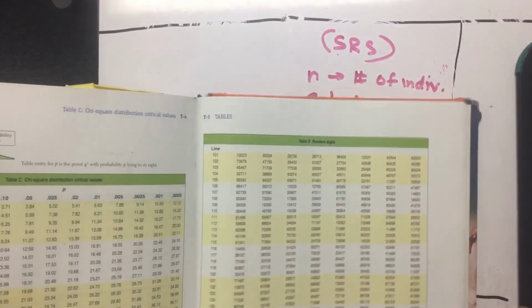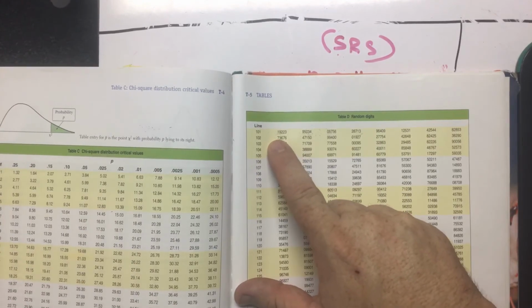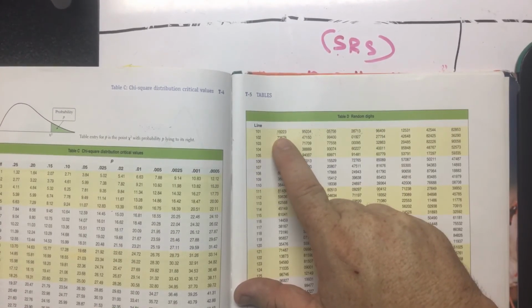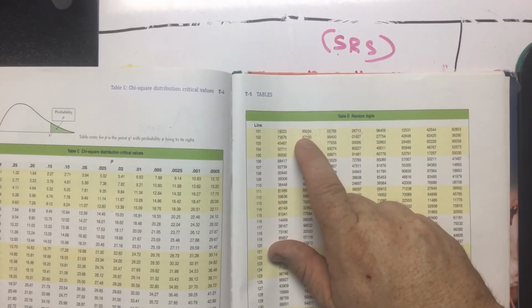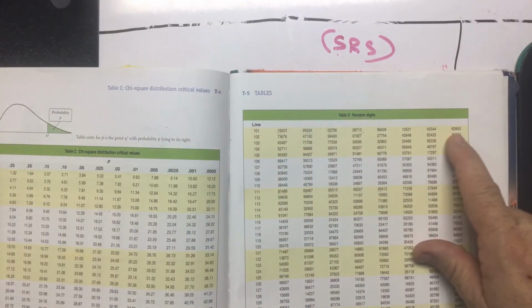In the back is Table D, right here in the very back. And it's randomly number generated lines. So you have 1, 9, 2, 2, 3, 9, 5, 0, 3, 4. And you just read from left to right like this.